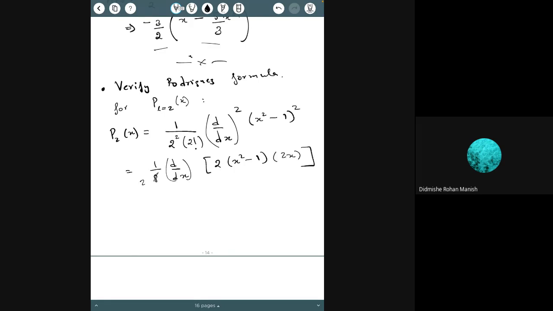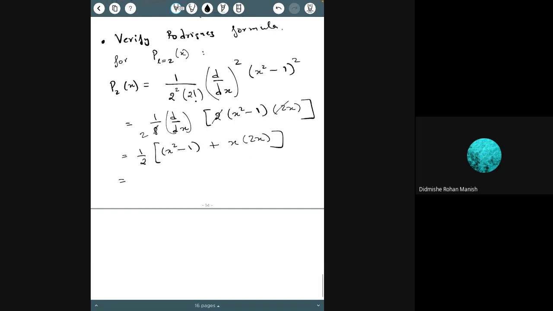So 8 can be 2, and then half. d/dx of this is x square minus 1 plus x into 2x. That is equal to half of 3x square minus 1.